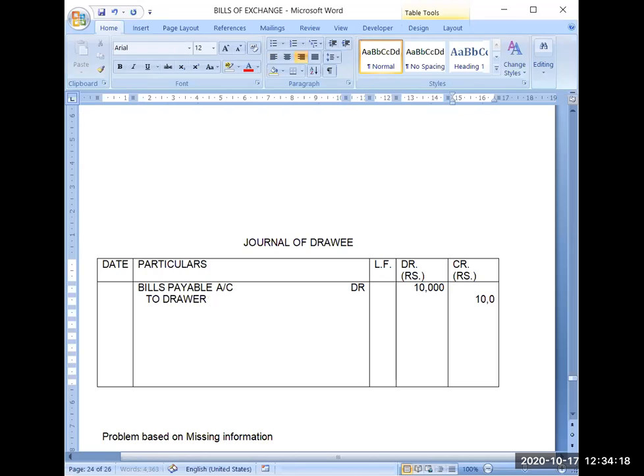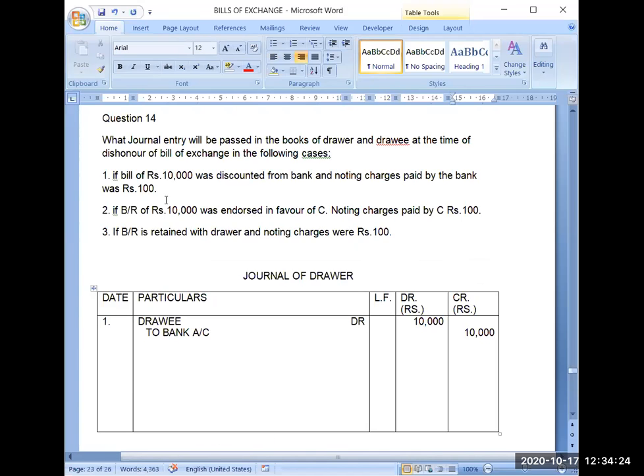Now the question is saying that bank has informed that it has paid rupees 100 as noting charges also. So bank has paid because this is the liability of the bank to hire a lawyer for the legal proof. But obviously bank will not bear this expense. Bank will transfer this expense to drawer. And finally drawer will transfer this expense to drawee. So he will charge this rupees 100 from drawee, and he will be paying rupees 100 to bank.